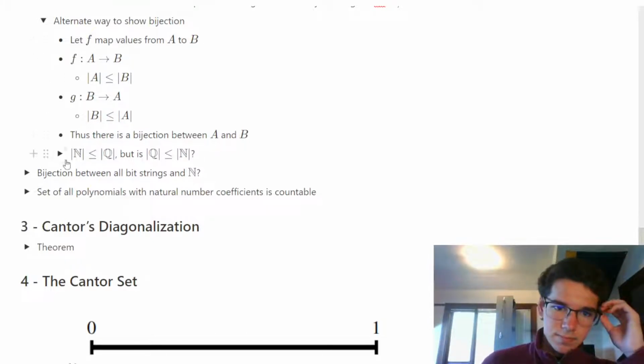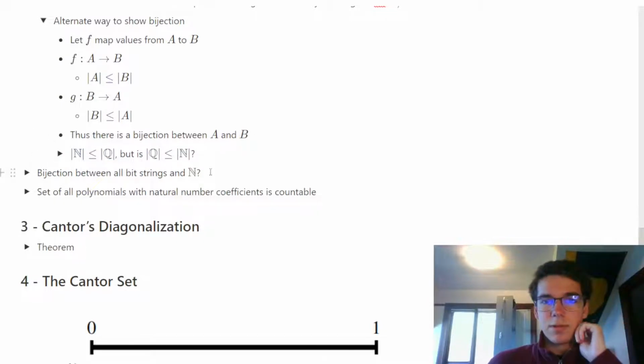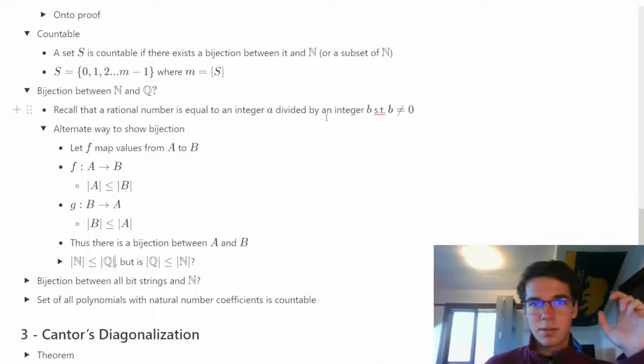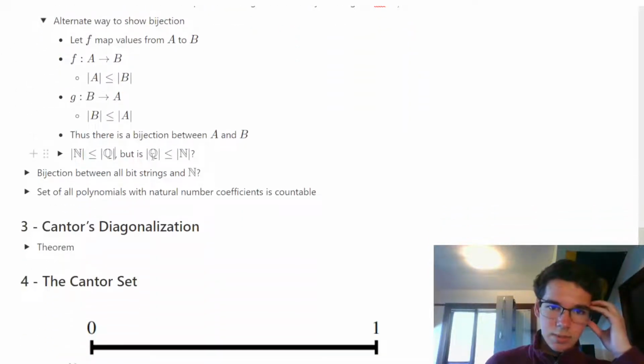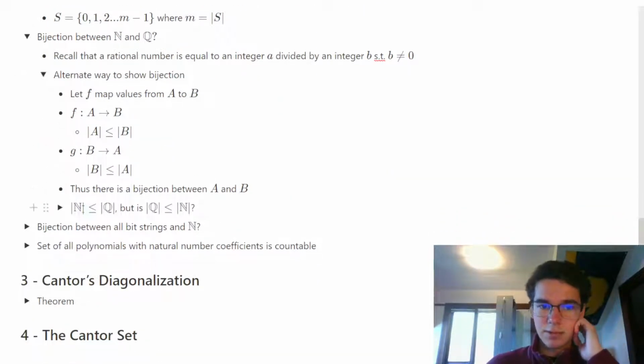So it's clear that the set of natural numbers is less than or equal to the set of rational numbers, because we can express all natural numbers in this form, like two integers where one is divided by the other. But how can we show that the set of rational numbers is less than or equal to the set of natural numbers?